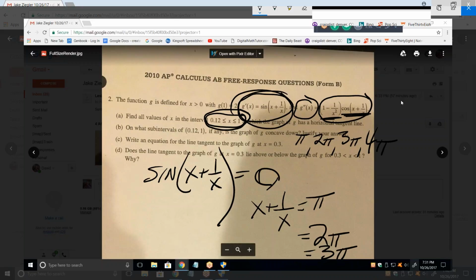You understand what I'm saying? In other words, if x plus 1 over x equals pi, and that gave us an x that's in that interval, that's the answer. If it gives us an x that is 0.1, that's not the answer. We probably got to go to this answer. In other words, one of these is the answer.